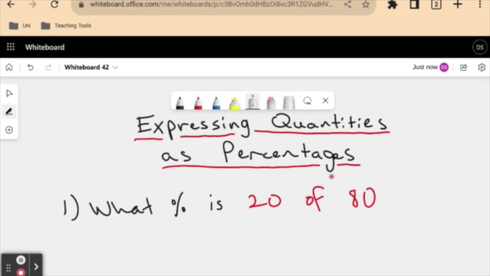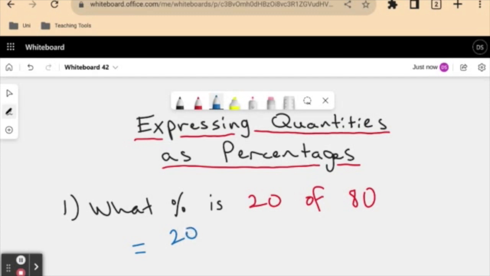Now, what is a tool we've used to do this? Well, fractions should be the first one that jumps to mind. Percentages too, but percentages are just a type of fraction, a special type of fraction. So we can say, what is 20 over 80?